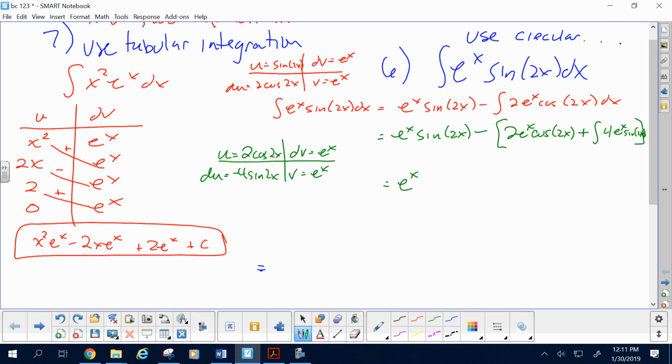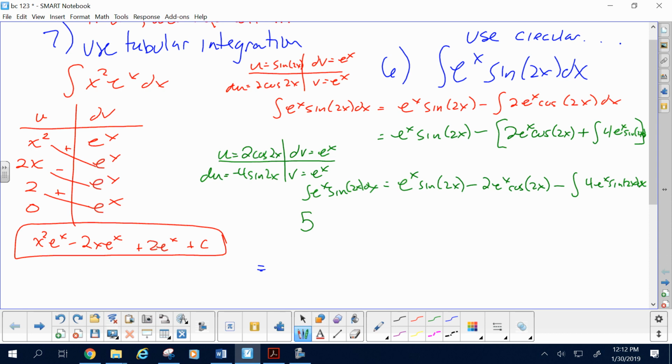Distributed out, that's e to the x sine of 2x minus 2e to the x cosine of 2x minus the integral of 4e to the x sine of 2x, which you then can move over with the other integral of the same nature, yes?